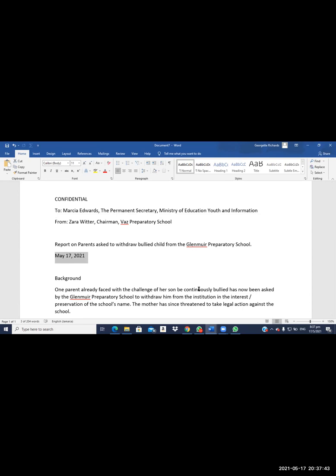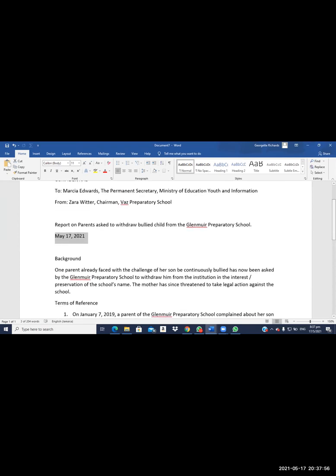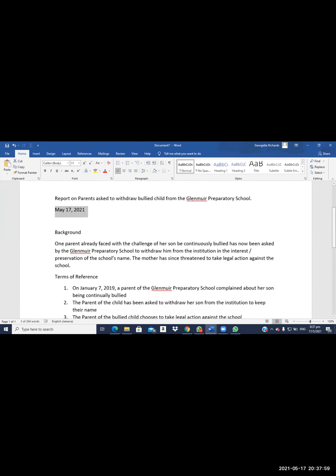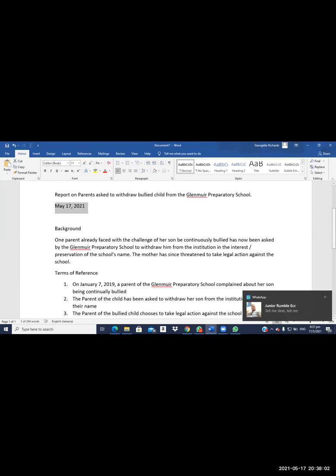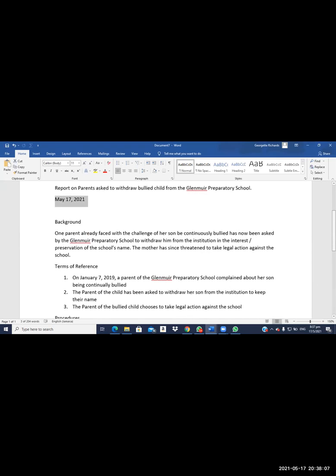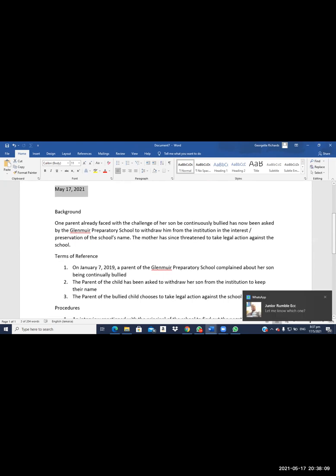Background is usually for the short informal, not the short formal. Scroll down for me. Is it that this background should have been included as a part of the terms of reference? So I think whatever you have as a background should have been included here.